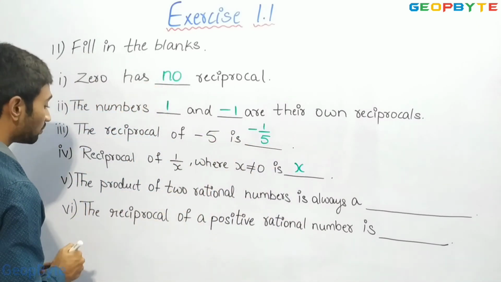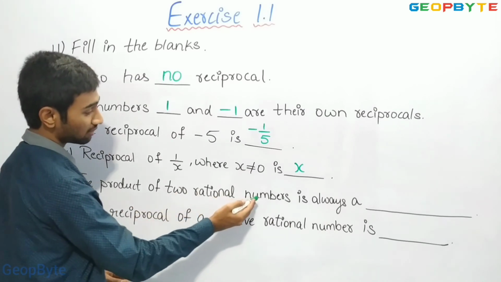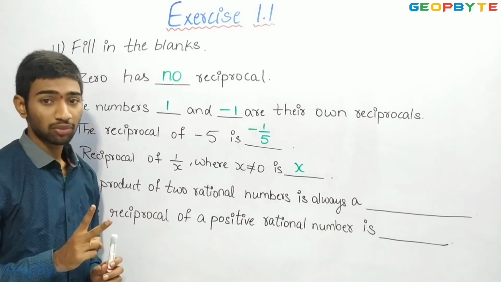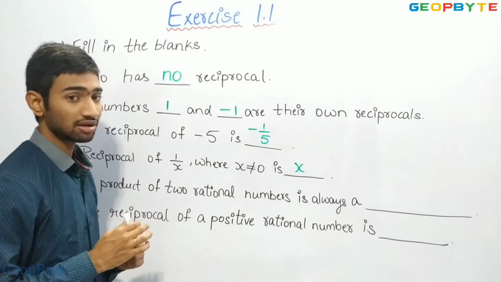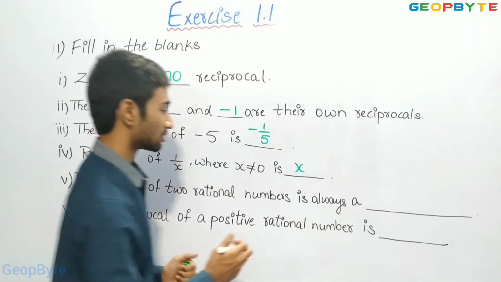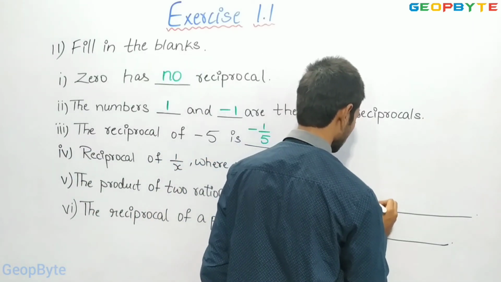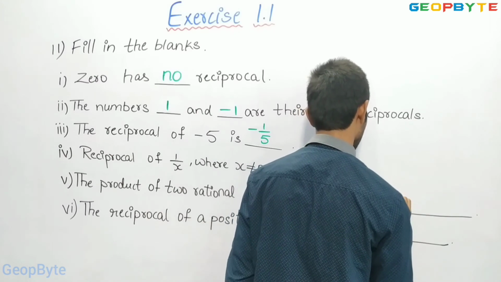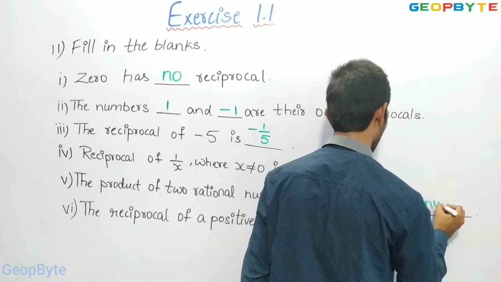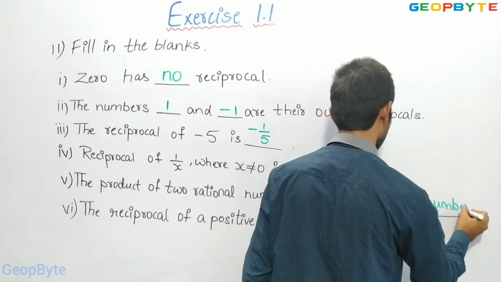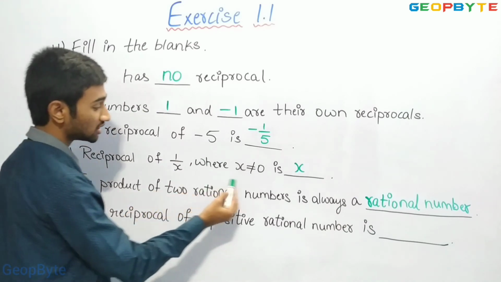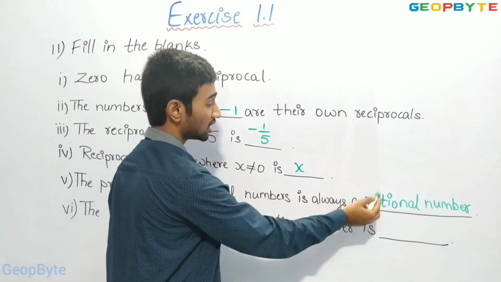Next one. The product of two rational numbers is always a dash. We know that the product of any two rational numbers is always a rational number. So let us write the answer. Therefore, the product of two rational numbers is always a rational number.